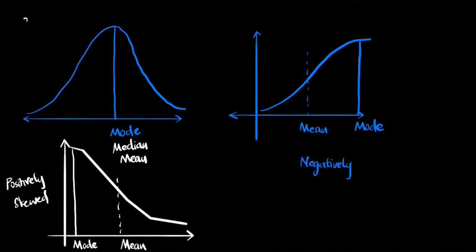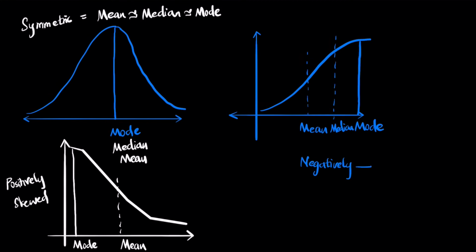So in a symmetrical distribution, mean is nearly equal to the median, which is going to be nearly equal to the mode. But in a negatively skewed distribution, the median comes somewhere in the middle between mean and mode. So this would be the median.